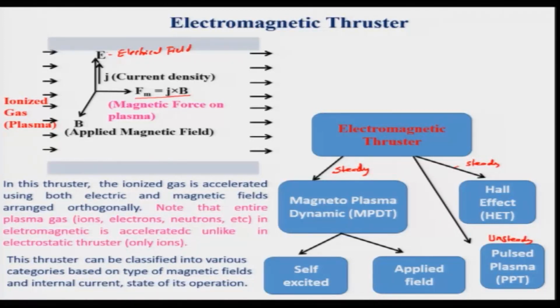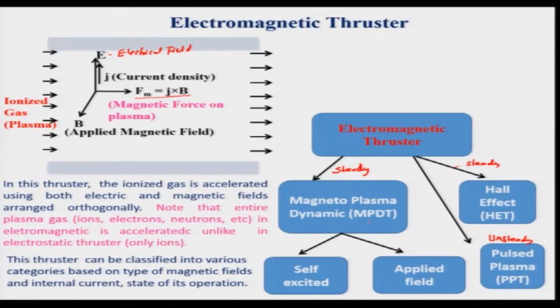The steady category can be divided further into two categories. One is self excited, that means the magnetic field will be self excited, and this we call self excited magnetoplasmadynamic. In the other case, the magnetic field is applied externally to enhance its performance, and that we call applied field magnetoplasmadynamic.